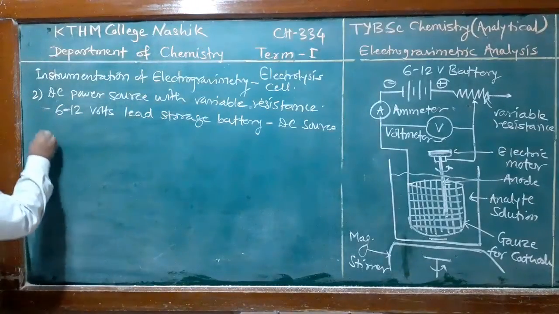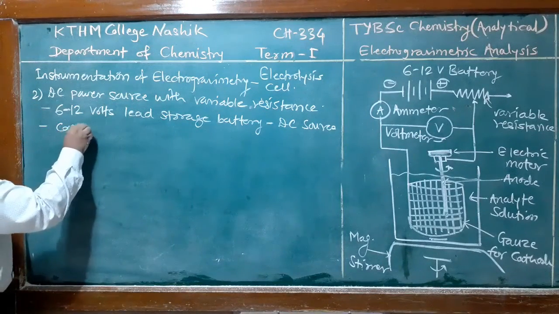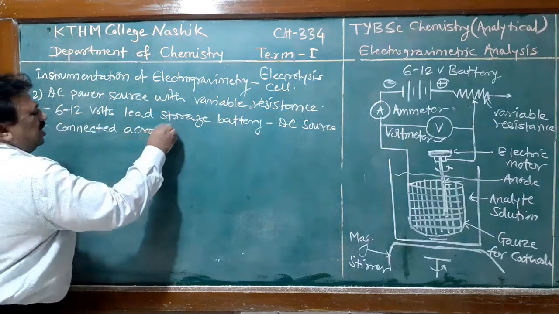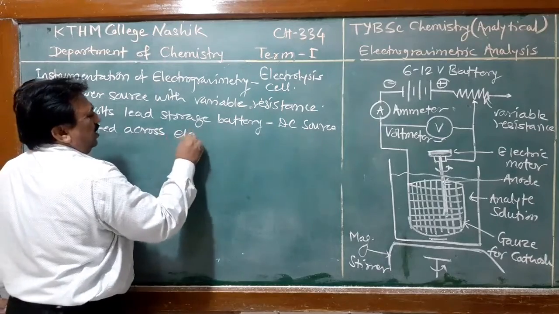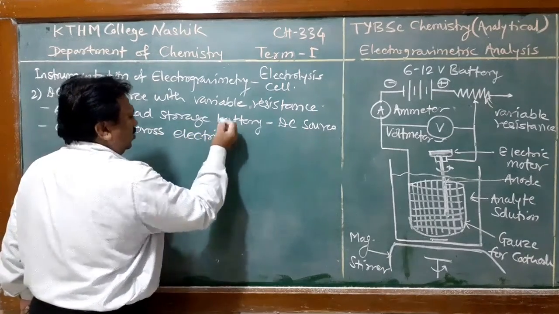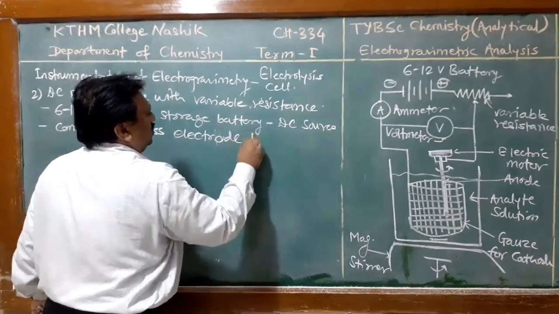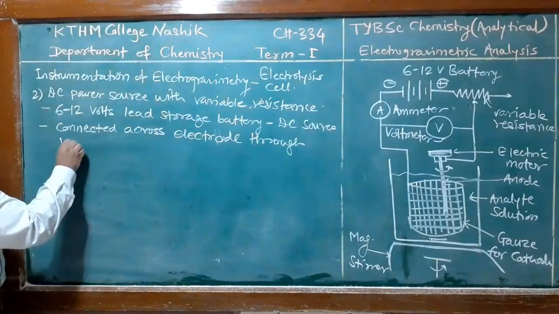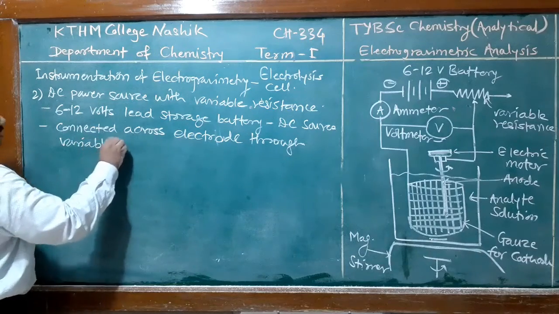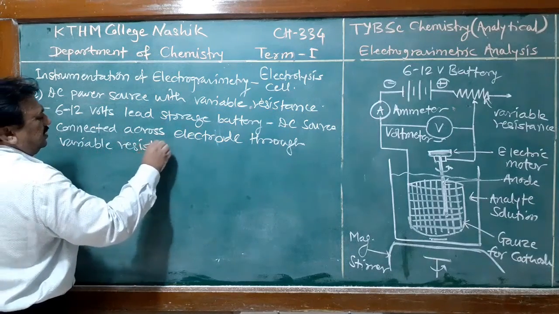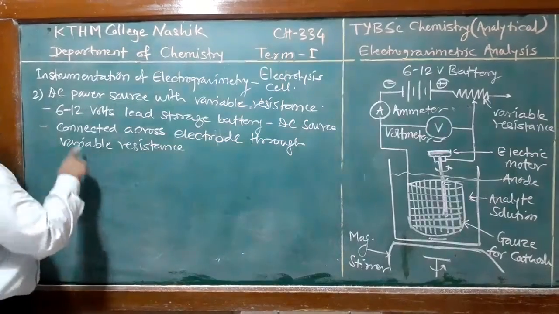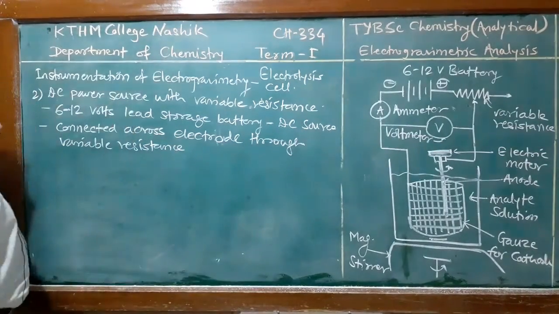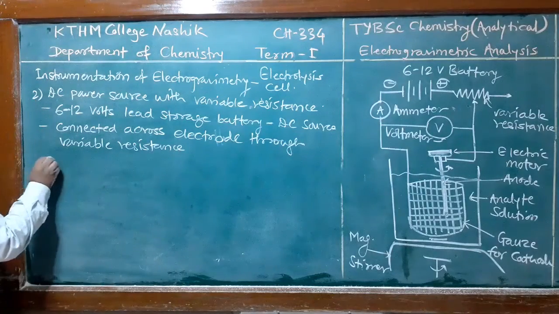This battery is connected across the electrodes through variable resistance. Connected across electrodes means cathode and anode through variable resistance.